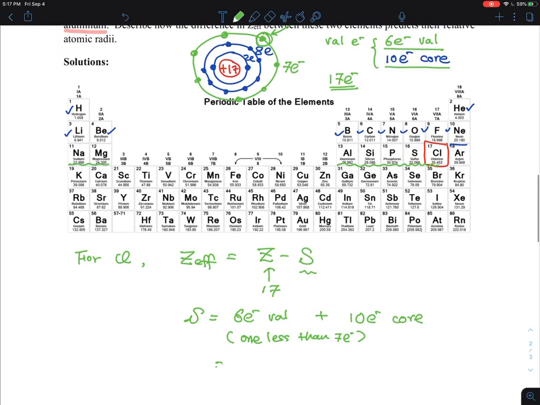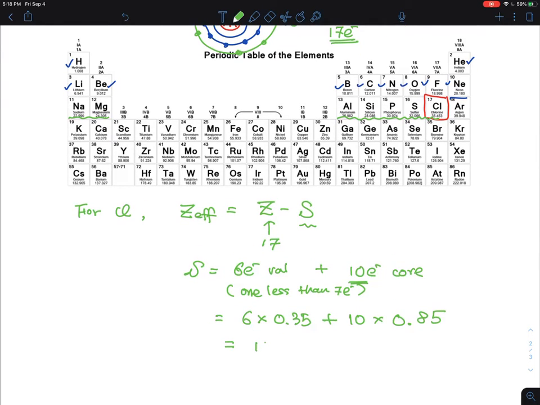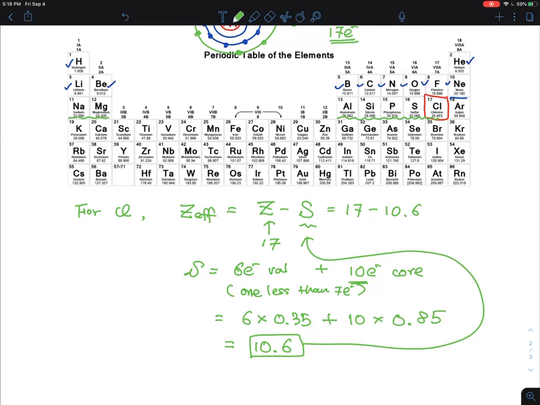The 6 valence electrons each contribute 0.35, and the 10 core electrons contribute more effective shielding, 0.85. If you do that, you get 10.6. Therefore, 17 minus 10.6 is 6.4.